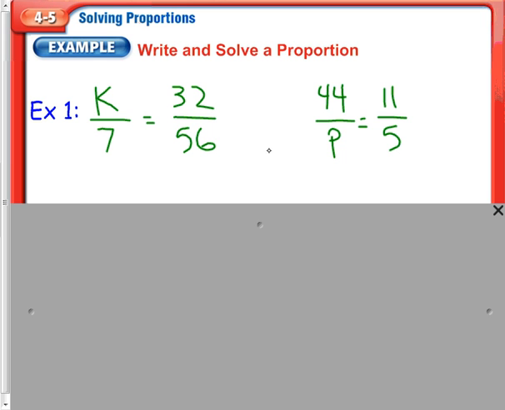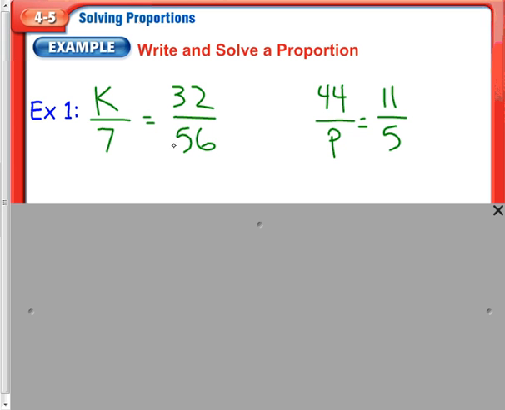So for example 1, we have a couple different examples for us to look at. In the first set, I told you we were going to do cross products, but sometimes you're going to be able to easily see how to get from one number to the other just by noticing some basic fact type things.